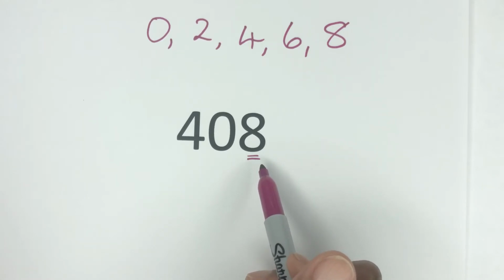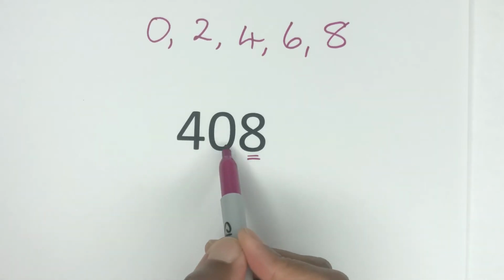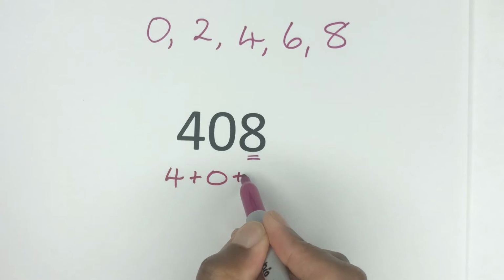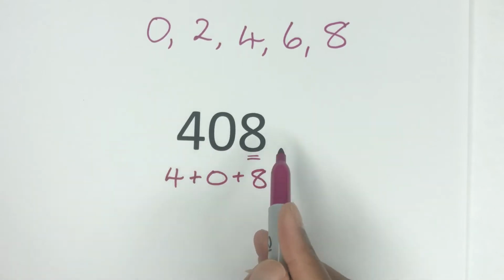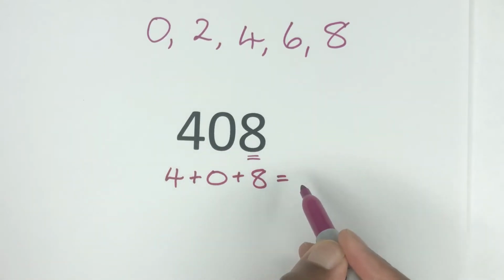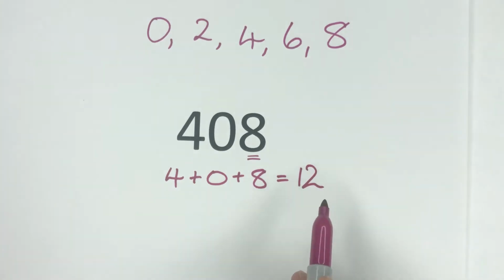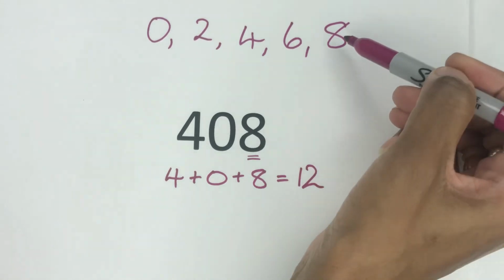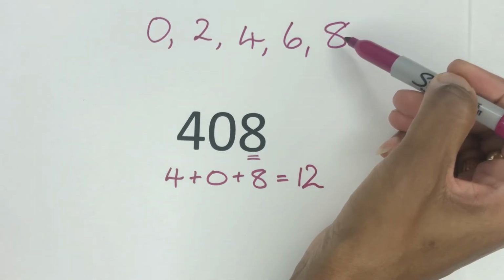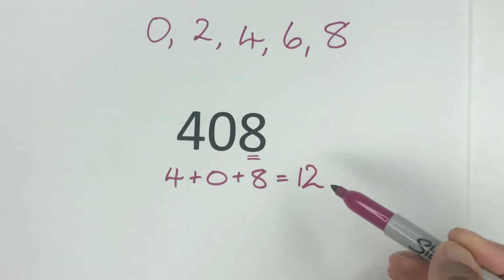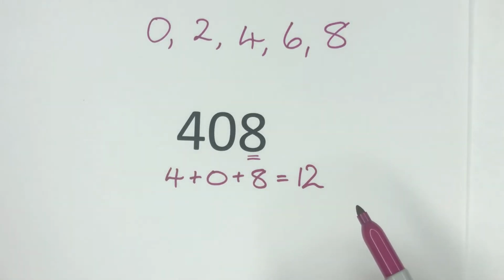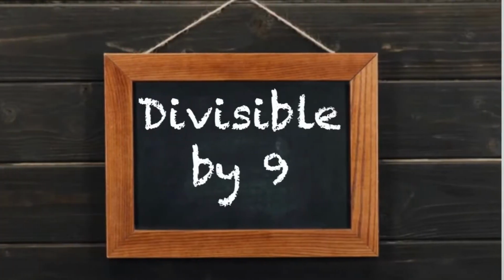And for the divisibility of 3, you add the 3 digits: 4 plus 0 plus 8 is 12. 3 can be divided into 12. So if the number passes both the divisibility of 2 rule and the divisibility of 3 rule, then it can be divided by 6.